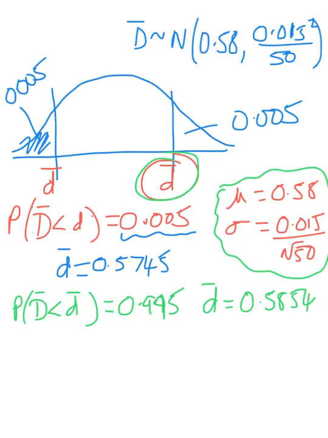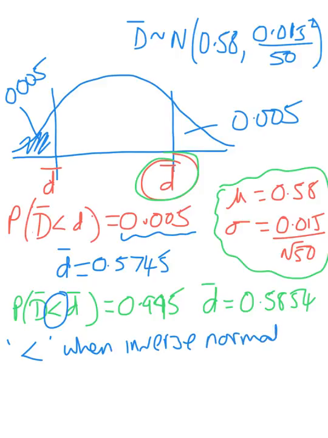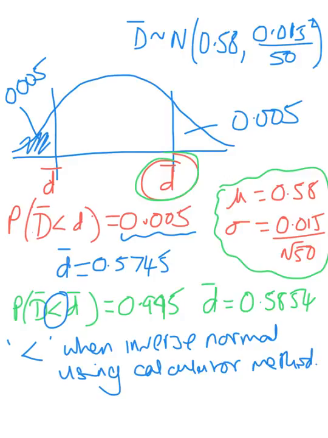So probably quicker and easier to use the calculator, but remember the inequality, so we need it less than when using inverse normal. And there's no reason why you shouldn't use the calculator.